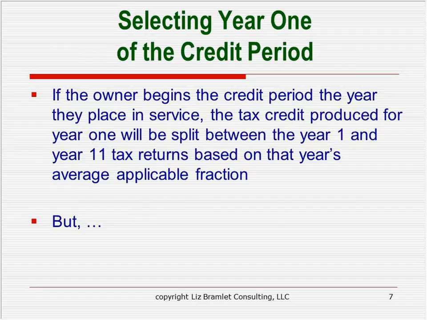Now, if the owner begins the credit period the year they place in service, like we've discussed, the credit produced for year one will need to be split between year one and their year 11 tax returns based on the average applicable fraction for that year.